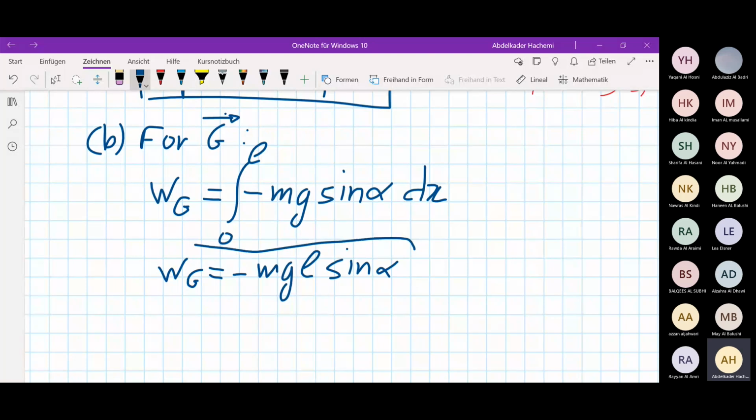This is the expression of the work due to the weight G.